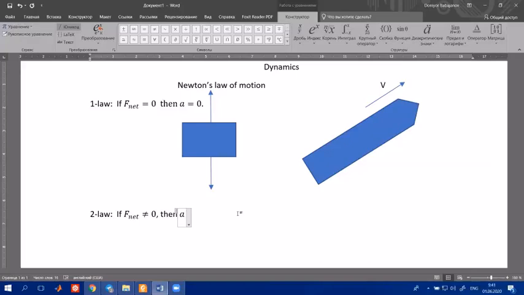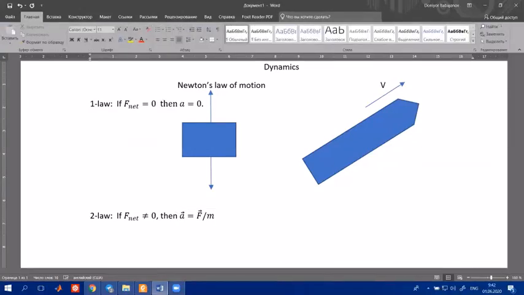Acceleration, which is a vector, is directly proportional to the force, which is also a vector, and inversely proportional to the mass of the body. This is Newton's second law: a equals F divided by m.